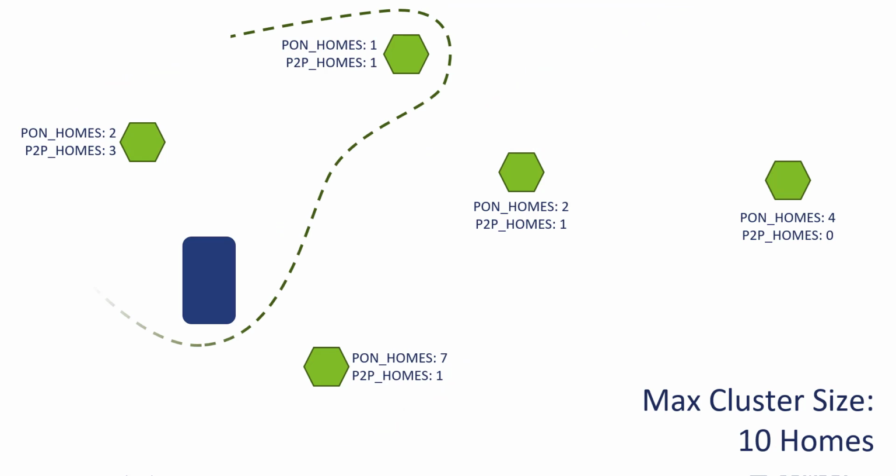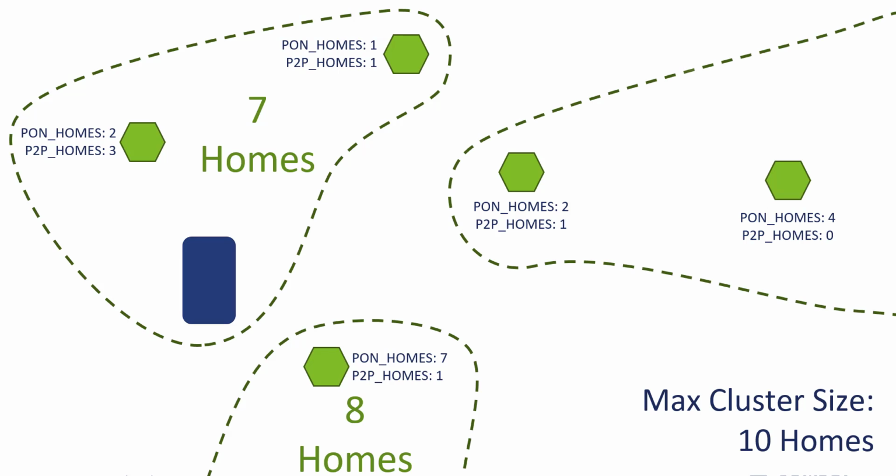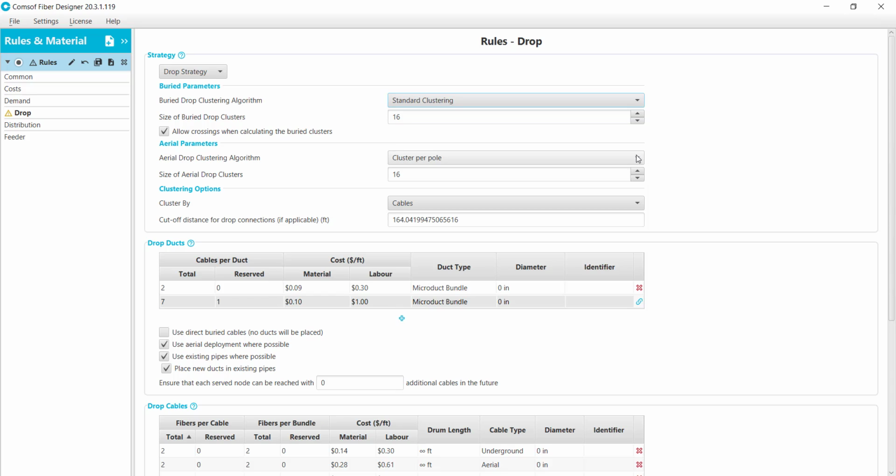You could also choose to cluster by homes, referring to the sum of the PON homes and point-to-point homes values at all demand points to be served. This process is further limited by the cutoff distance.